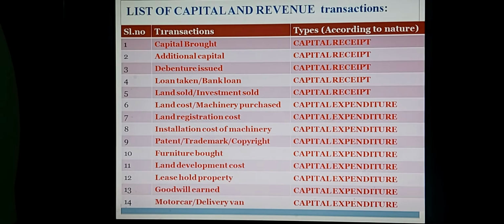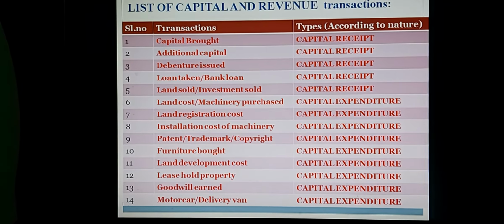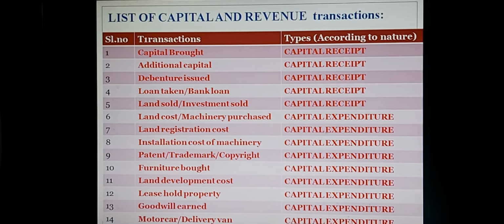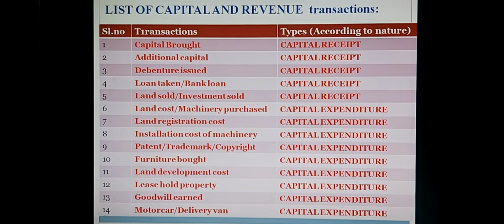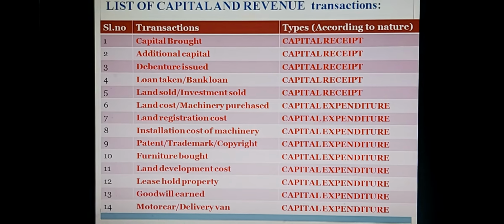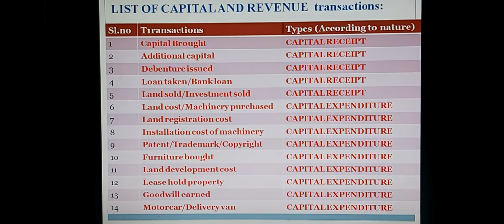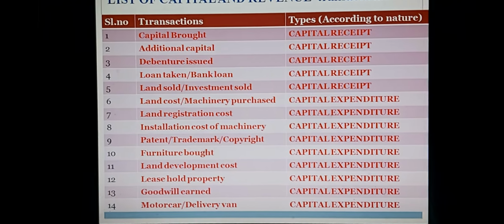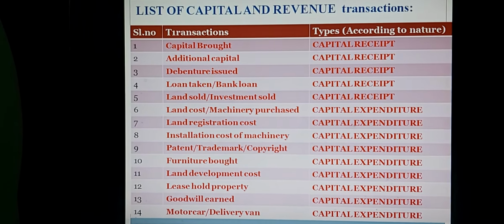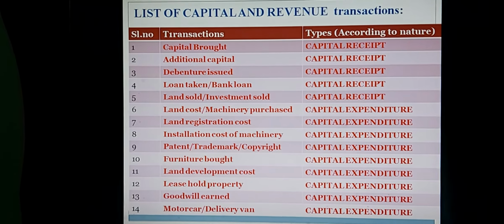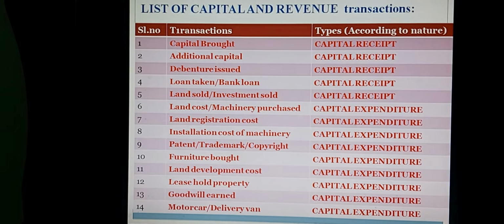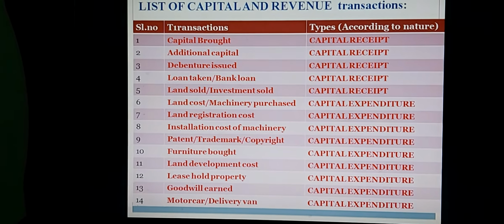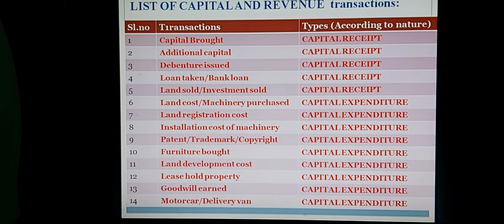This is also one kind of capital received. Fourth one, loan taken or bank loan or mortgage loan. What type of transaction? It is also a capital receipt because it will be used in business for several years and has to be returned to creditors.